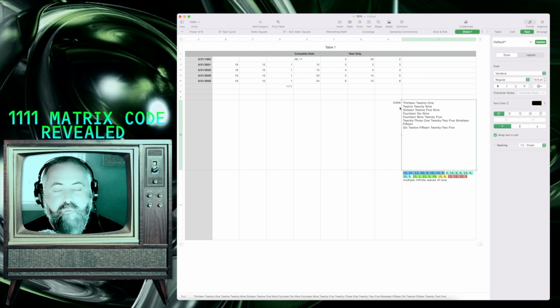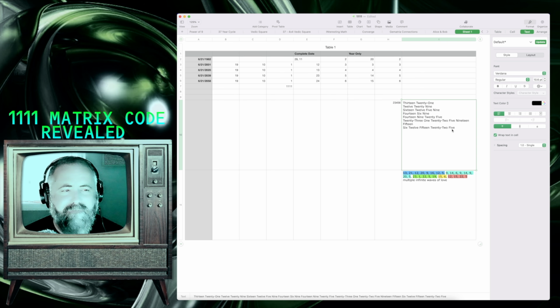The phrase was nothing but a string of numbers spelled out. And that string of numbers was 13, 21, 12, 29, 16, 12, 5, 9, 14, 6, 9, 14, 9, 25, 23, 1, 22, 5, 19, 15, 6, 12, 15, 22, and 5.